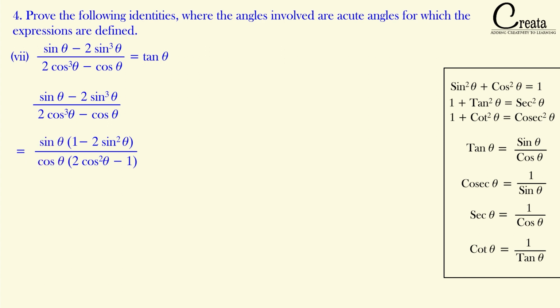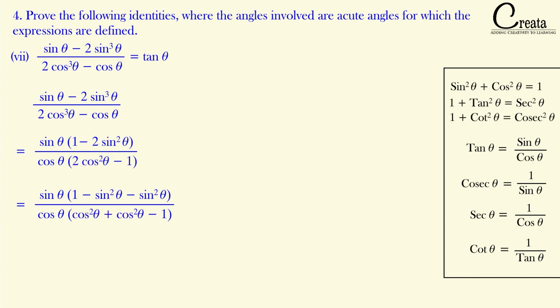Here 1 minus 2 sin square theta, we can write it as 1 minus sin square theta minus sin square theta. What we have done, we have simply replaced minus 2 sin square theta with minus sin square theta minus sin square theta. On adding, it is minus 2 sin square theta. Similarly, in the denominator, we can rewrite 2 cos square theta as cos square theta plus cos square theta.